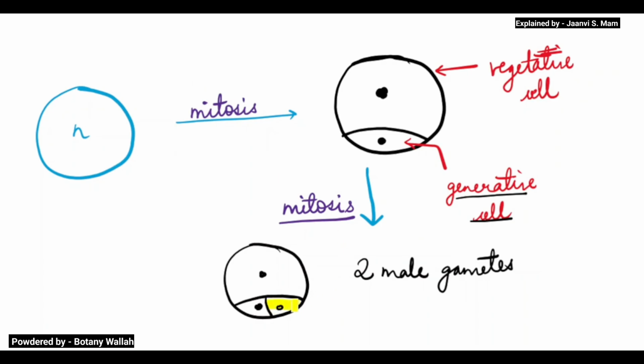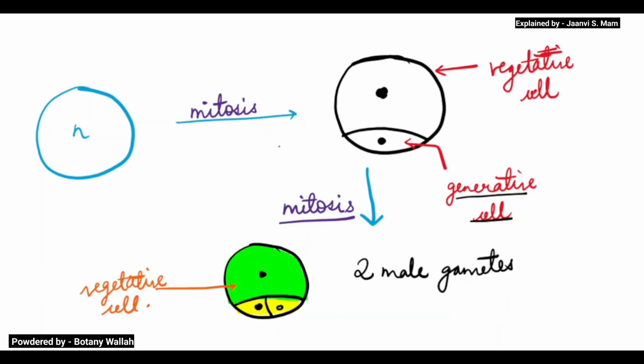This is one male gamete and this is one male gamete, and this cell which I am showing in green is the vegetative cell. I hope this is understandable.